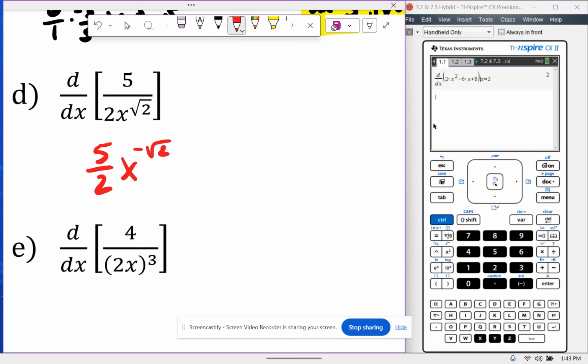Good job. Okay, perfect. Trust your gut, right? Same old jazz. We got negative 5 rad 2 over 2 times x to the negative rad 2 minus 1. I don't need you to further simplify. This is fine. We're just practicing. You could factor out a negative 1, drop that power down below, make it positive. We're good. This is fine.